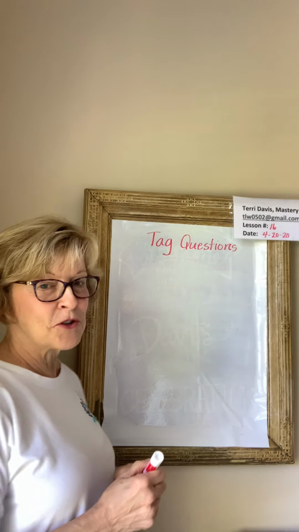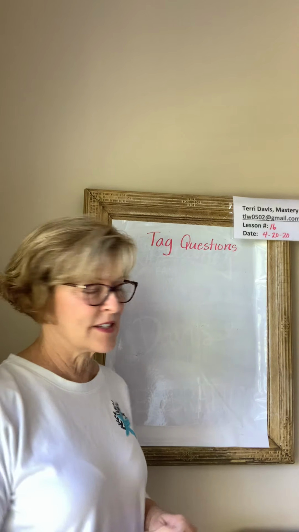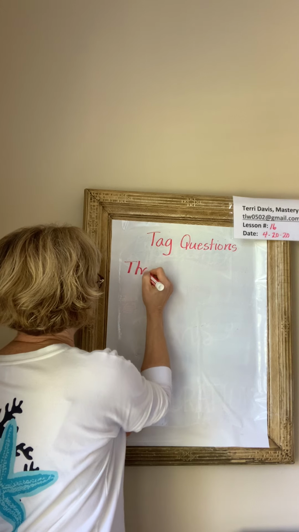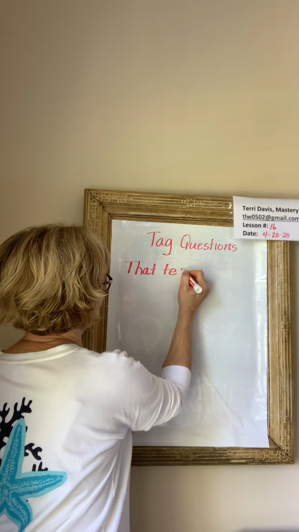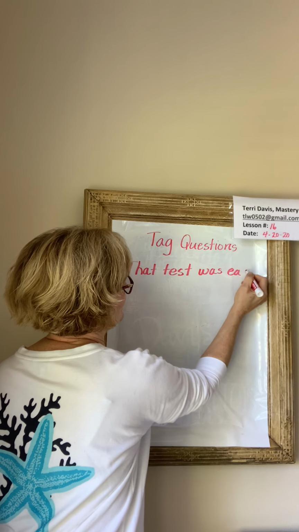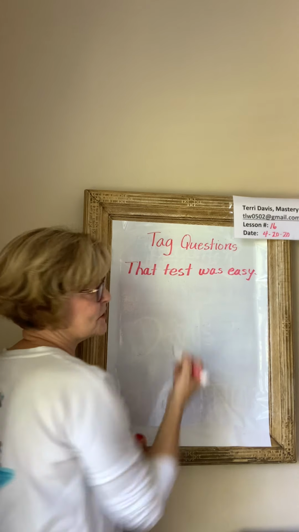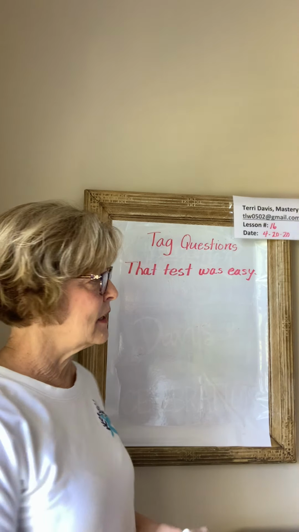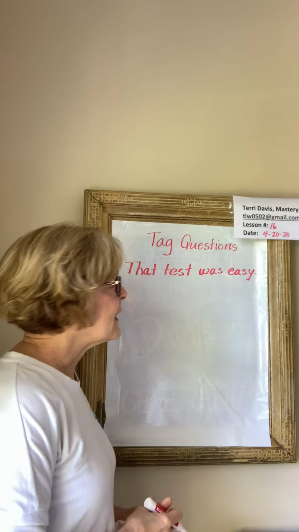Tag questions usually are based on an affirmative or a positive sort of statement, such as, that test was easy, okay? So you have a straightforward statement. That test was easy in the positive form.